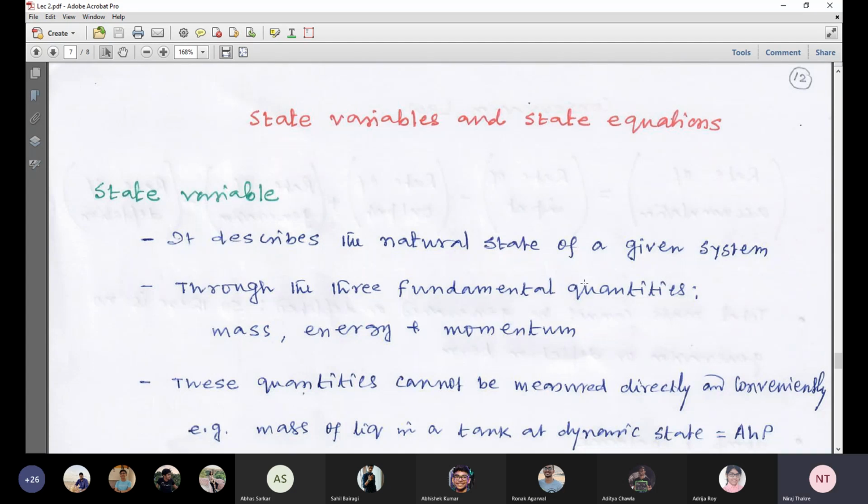State variables are used to describe the natural state of a real life process.